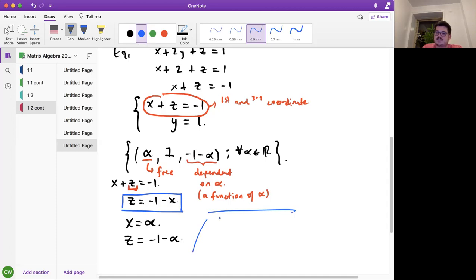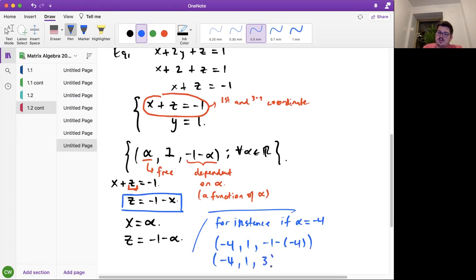So if alpha is equal to -4, then (-4, 1, -1 minus -4), or (-4, 1, 3), is in the solution set.